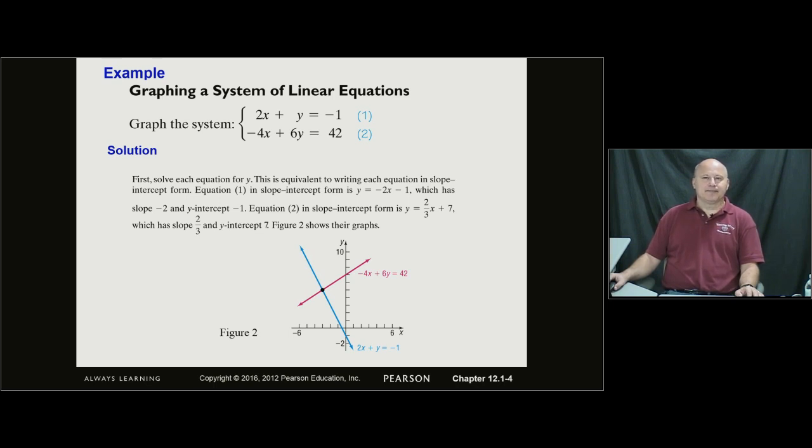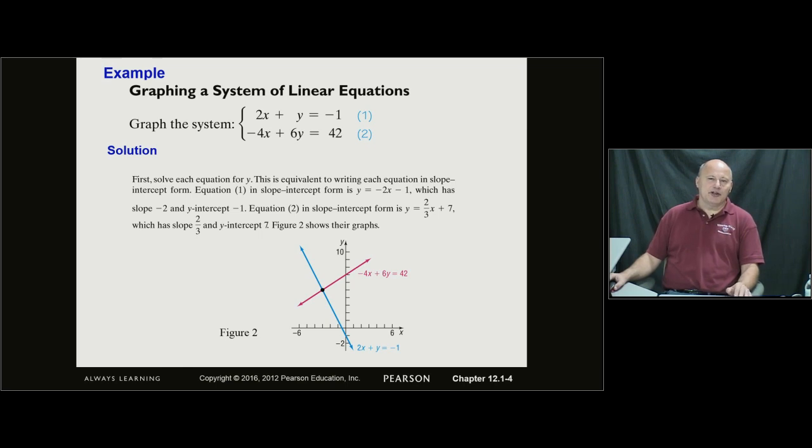If you look at the blue line and the red line, they appear to intersect in the second quadrant. Now, to find the solution, this method is kind of sketchy, because if you try to locate that point of intersection, it looks like around negative 3 for the x-coordinate and maybe 5 for the y-coordinate, but I could be off just ever so slightly.